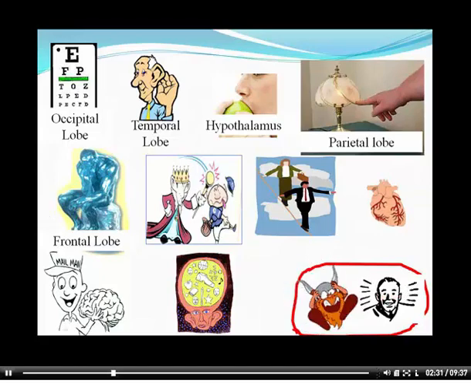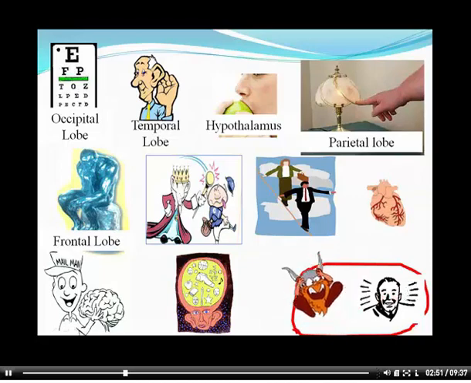They say that the frontal lobe is the seat of the personality, and if you remember from the research methods lecture, Phineas Gage had a rod through his frontal lobe, and from that day forward his personality changed. So the major thinker of the brain would be the frontal lobe.